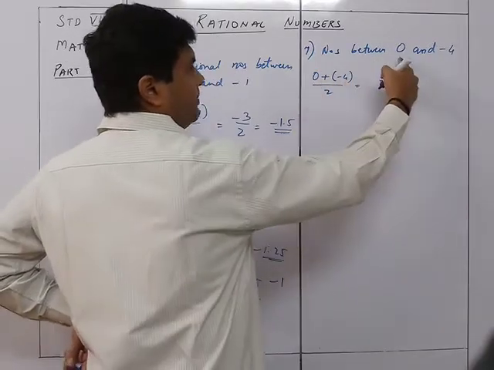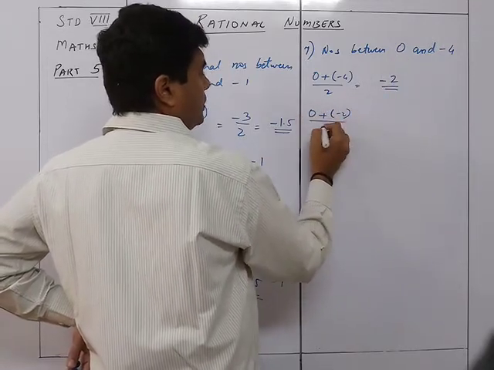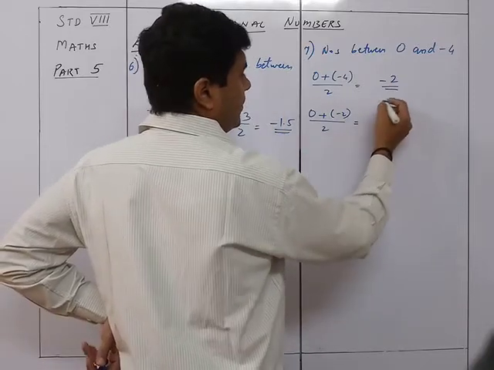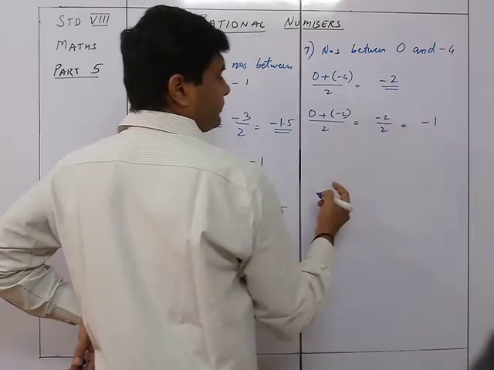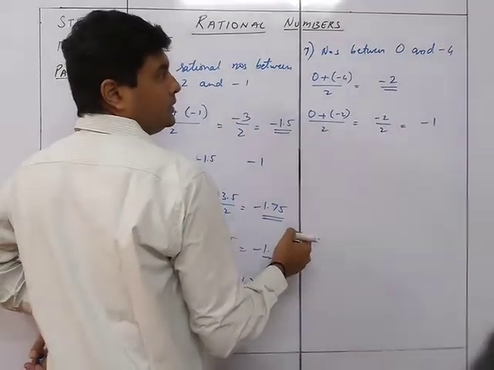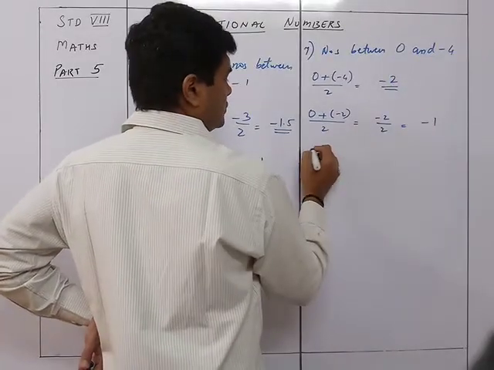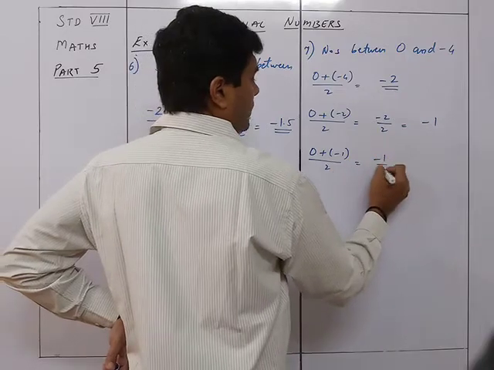Then we take in between this and this: 0 plus -2 upon 2 equals -1. Then we can take 0 and -1. So 0 plus -1 upon 2 will be equal to -1 upon 2.